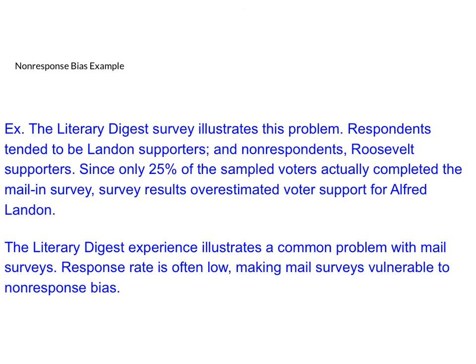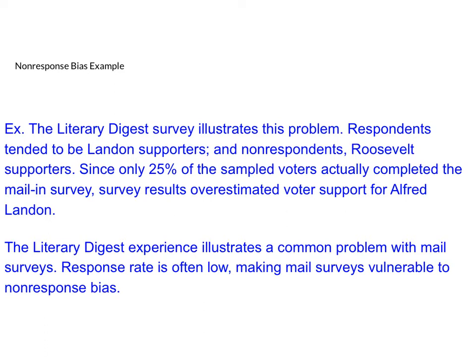You saw an example of non-response bias in the poll of 1936 done by the Literary Digest. Respondents tended to be Landon supporters, and non-respondents were Roosevelt supporters. Since only 25% of the sampled voters actually completed the mail-in survey, survey results overestimated voter support for Alfred Landon.